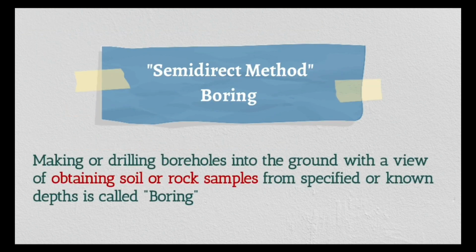When we look into the semi-direct method, boring means making or drilling boreholes into the ground with a view of obtaining either soil or rock samples from a specified or known depth for exploration purpose.